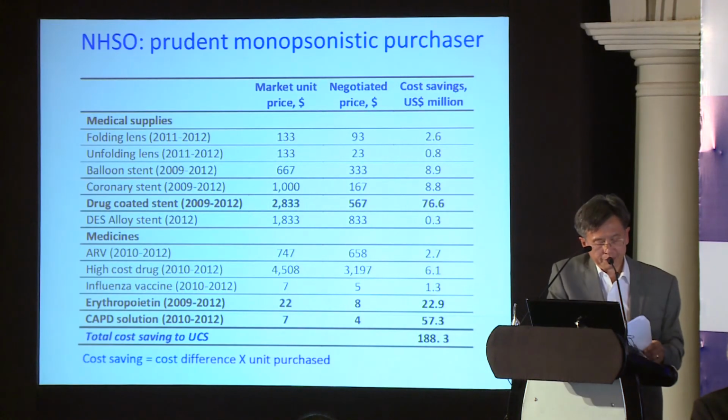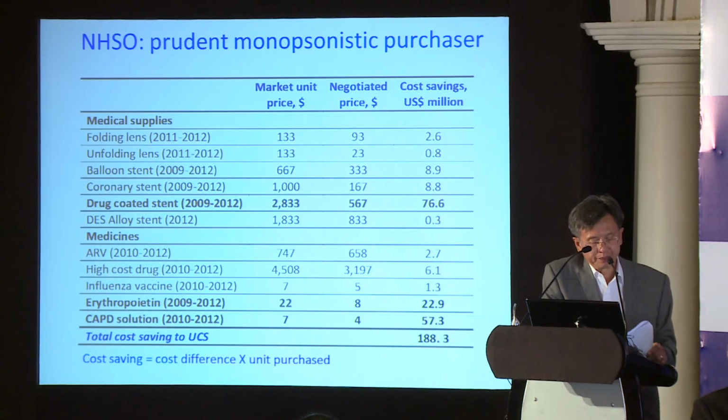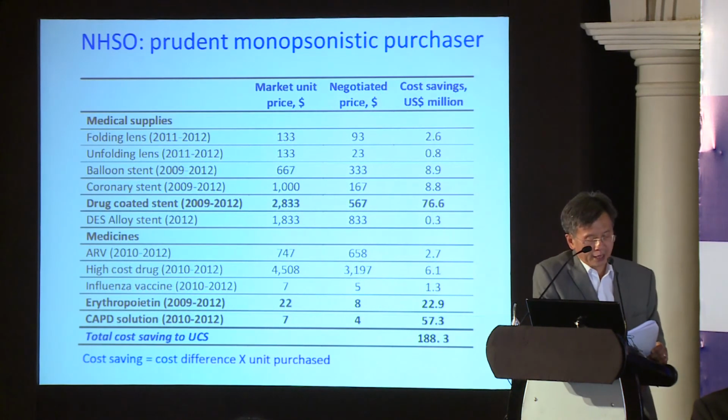Monopsonistic purchasing, where a single buyer, which is the National Health Security Office managing the UC scheme, purchases goods and services from multiple sellers or even monopoly or oligopoly products, has a high potential for cost saving given equal quality.